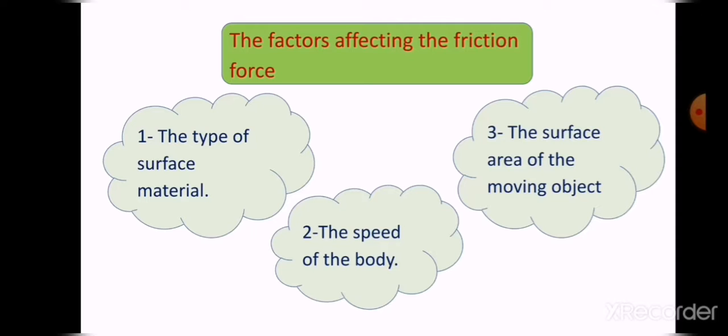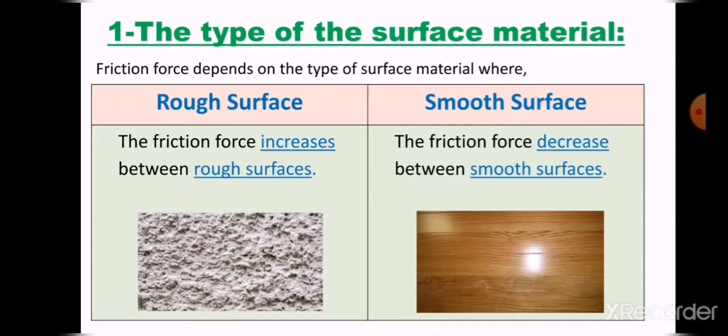Let's start with number 1, type of surface material. Between the rough surface, the friction force increases. Remember the sand surface. And between the smooth surface, remember the silk or the ceramic surface, the friction force decreases.